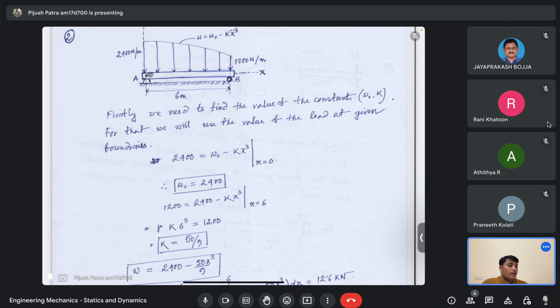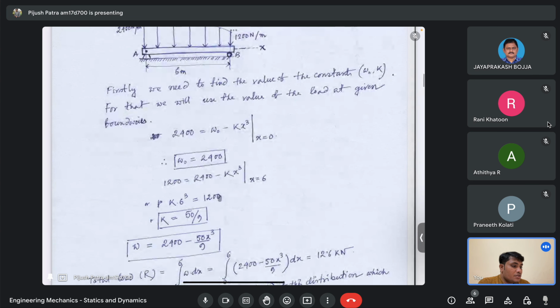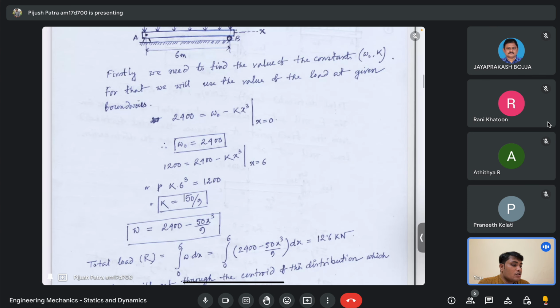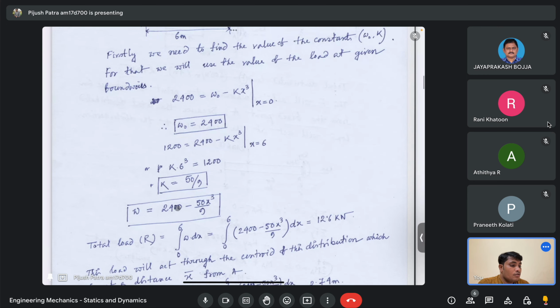At one boundary, point A, the pin joint, you can say 2400 equals W naught minus K x cube at x equals 0. From there I get W naught equals 2400, and at x equals 6 you get K equals 50 by 9. So the expression for W is 2400 minus 50 by 9 x cube.